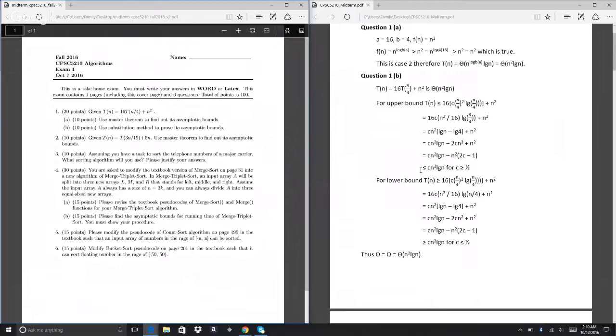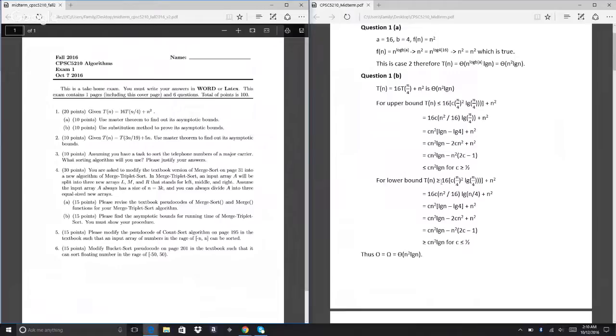And so this is true, that it's less than c n squared log n, because this will be a negative term. Now for the lower bound, you're trying to prove that the substitution is greater than the total runtime. But the math is essentially the same. You get back down here after carrying out the math, and now it's the opposite, but only for c.